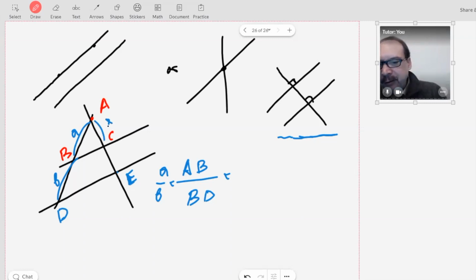I can call it X, I can call it Y, and this will be equal to X over Y, or if we use a standard symbol, AC over CE.